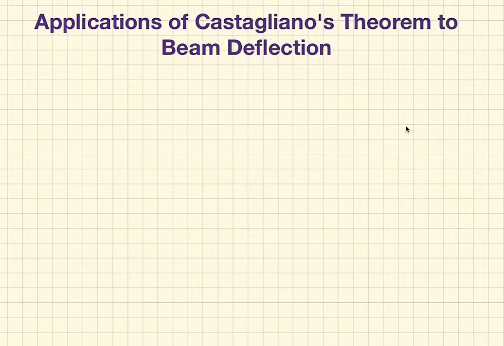So as we have discussed before, Castigliano's theorem states that the elastic energy stored in a member has to be differentiated with respect to the force, or with respect to the moment, in order for us to obtain information on the deflections.